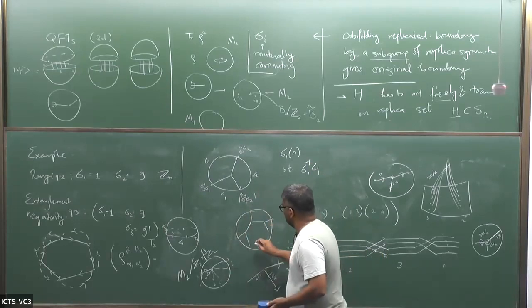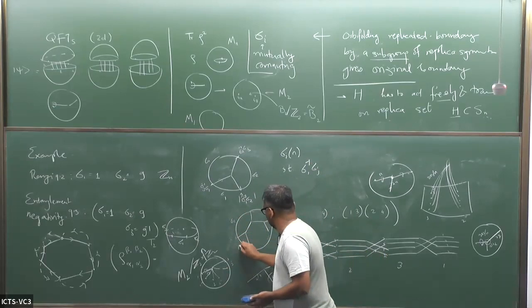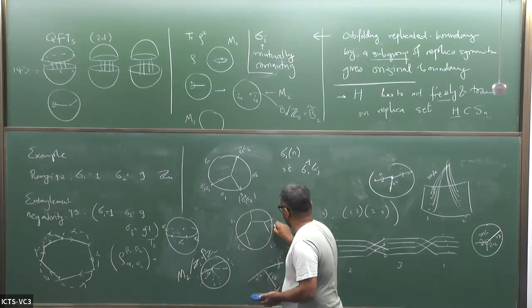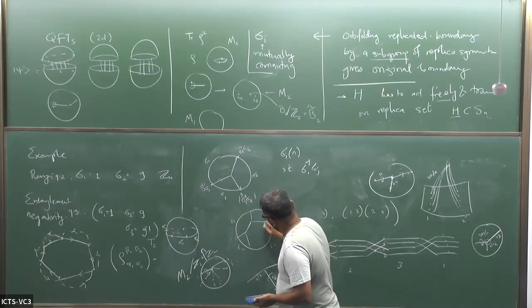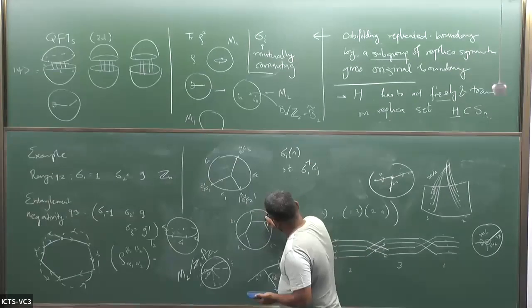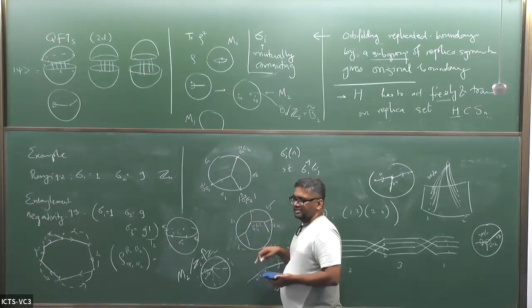So in general, you will get these loci. There will be internal loci also, and so let's say sigma 1, sigma 2, sigma 3, sigma 4, sigma 5. So these loci, which are between region 5 and region 3, would have sigma 3 inverse sigma 5 as the element that fixes this locus.